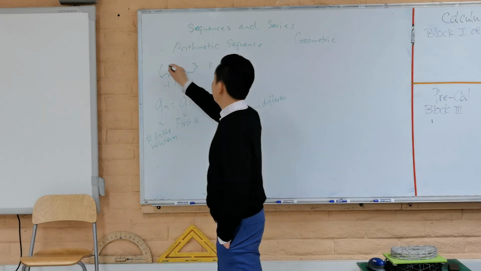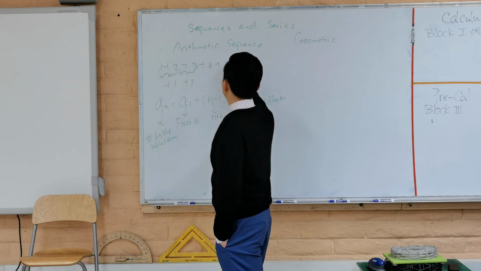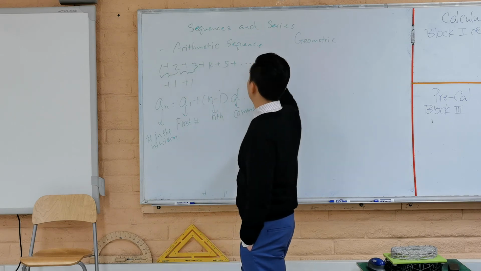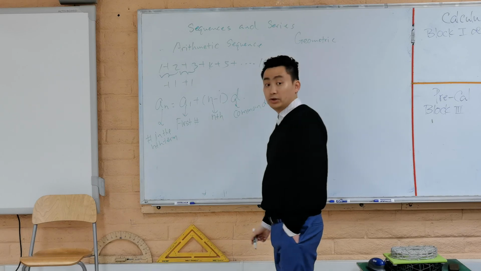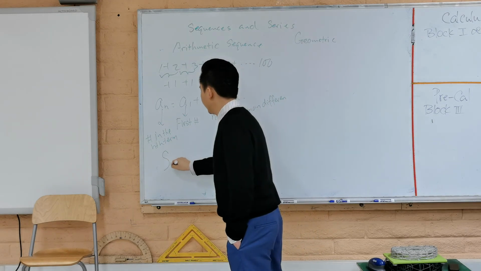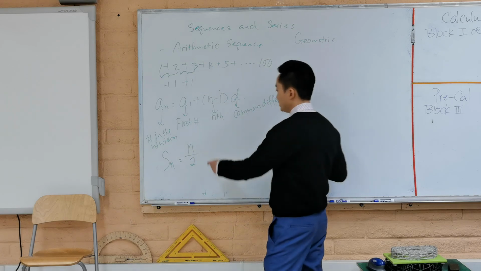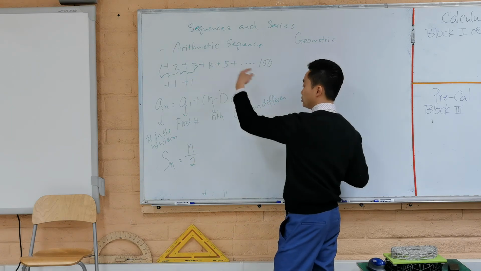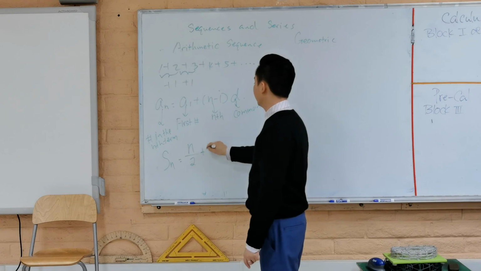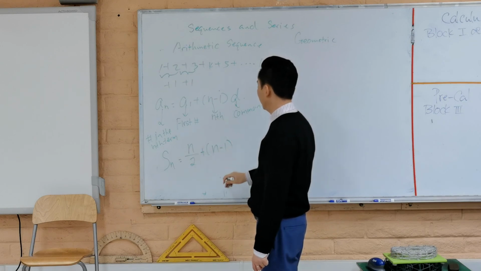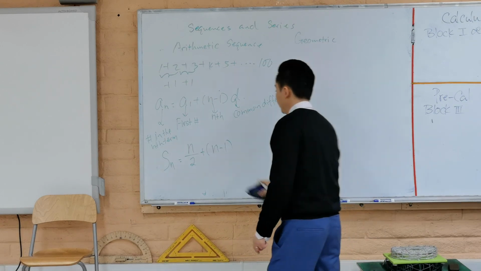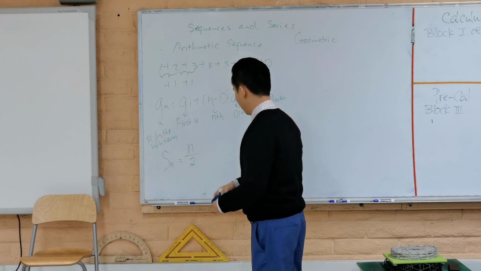Now what happens if I just want to combine all the numbers together for this whole sequence, all the way up to 100? Well, the way to do it is called S sub n. So it's n over 2. That means n for this one would be 100, because that's 100 terms. And then, well, it's actually plus, we're not doing multiplication for this.